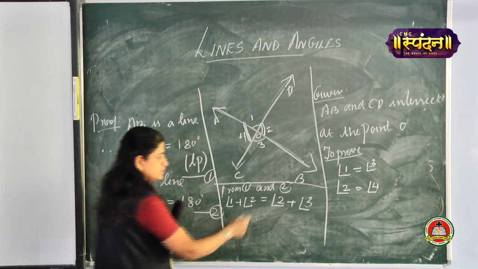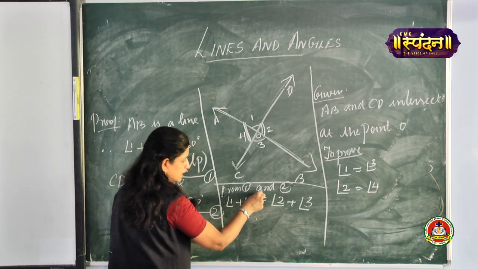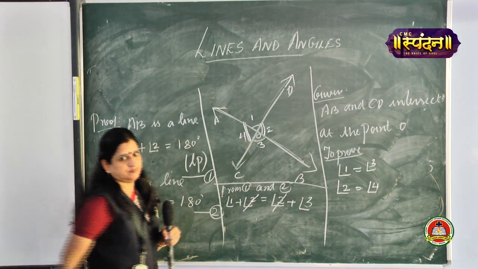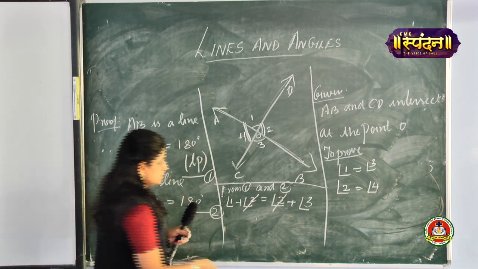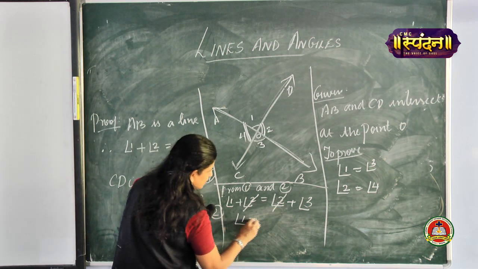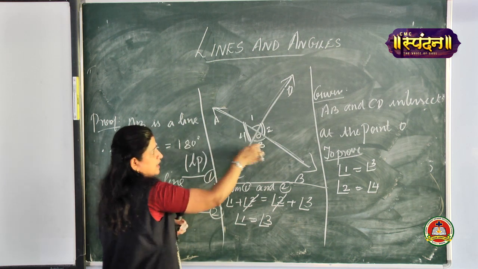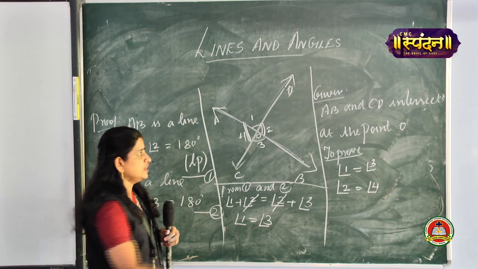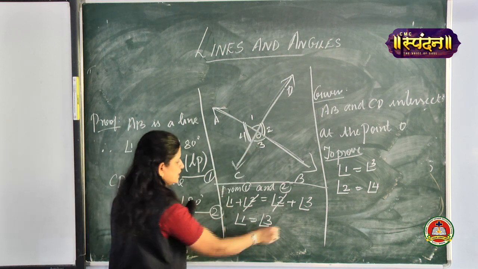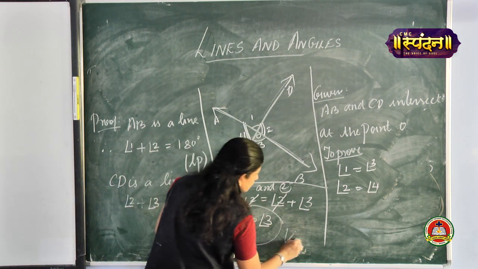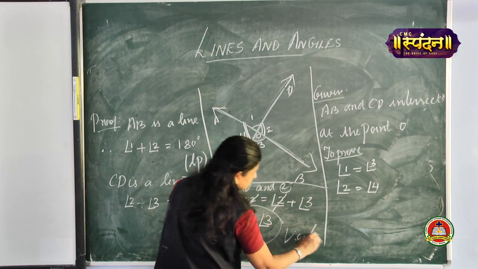If you observe, angle 2 is on both the sides. So, you can cancel it. What is remaining over here? Angle 1 is equal to angle 3. So, we have proved that angle 1 is equal to angle 3, and these two angles you call vertically opposite angles.